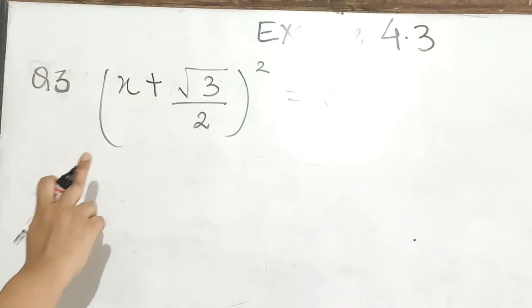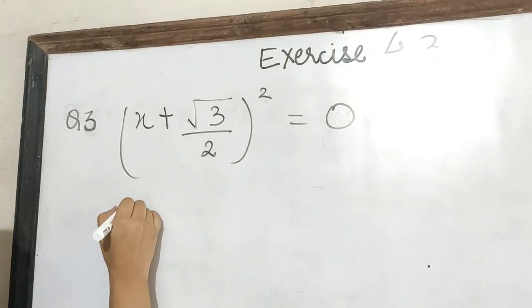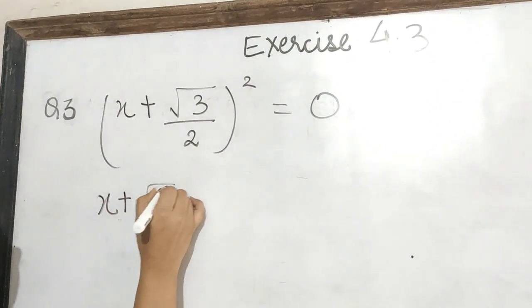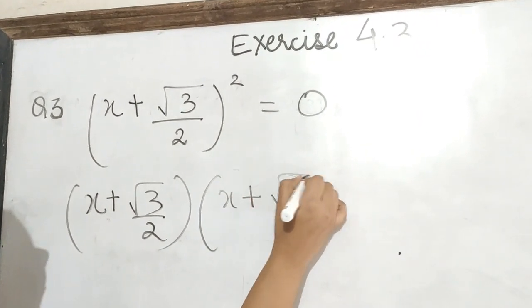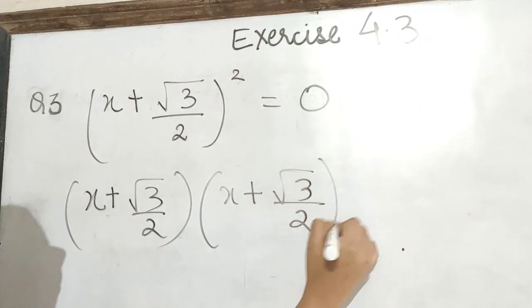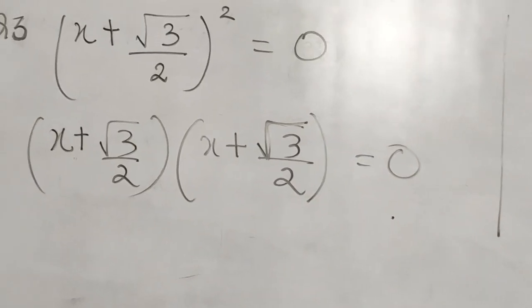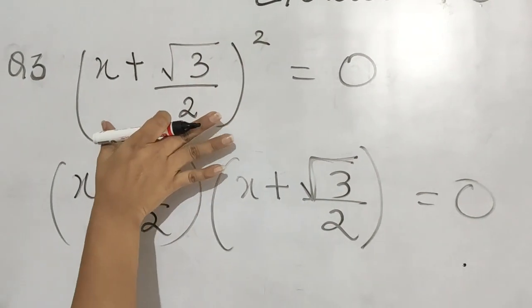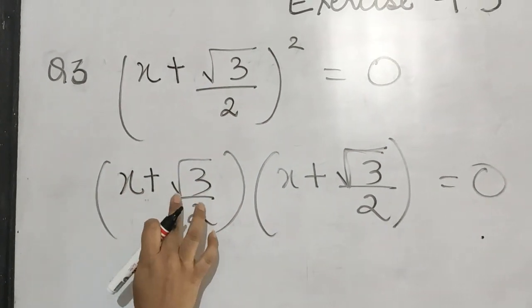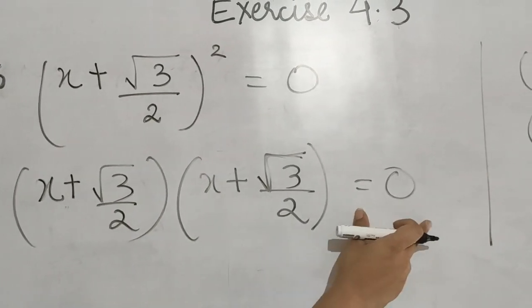Now we have (x plus root 3 by 2) whole square equals to 0. We can write this as (x plus root 3 upon 2) into (x plus root 3 by 2) equals to 0.